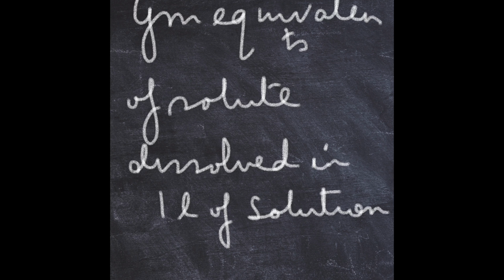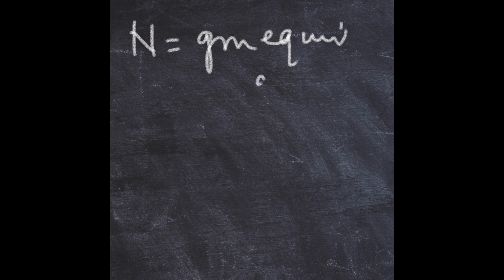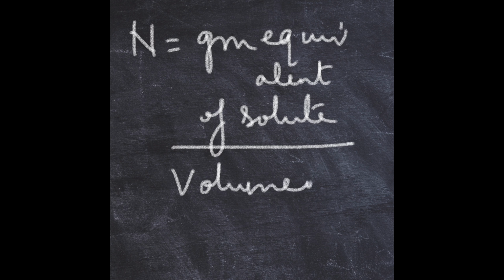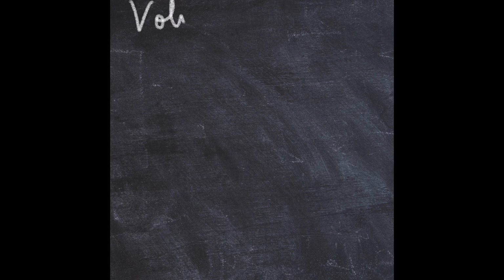I'll just tell you what gram equivalent is, or we can write normality as gram equivalents of solute upon volume of solution in liters. Now here again you see that the volume term is there and it is there in the denominator.